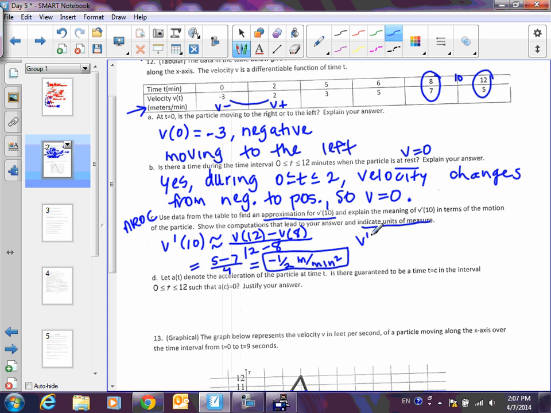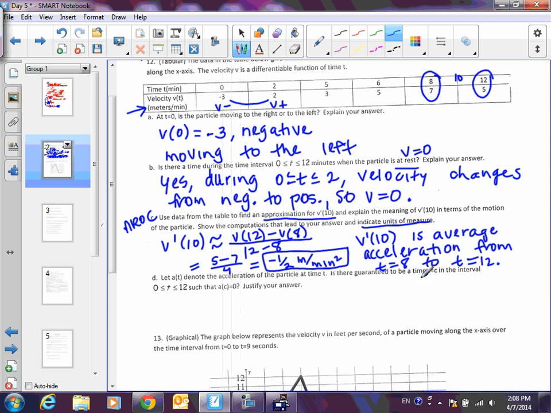Okay, so v prime of 10, we already said, is average acceleration. Now we do have to write out when it's average acceleration. So how would we say that? What are the restrictions on time? Yeah, from t equals 8 to t equals 12.